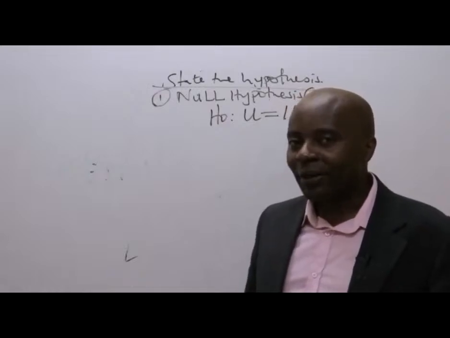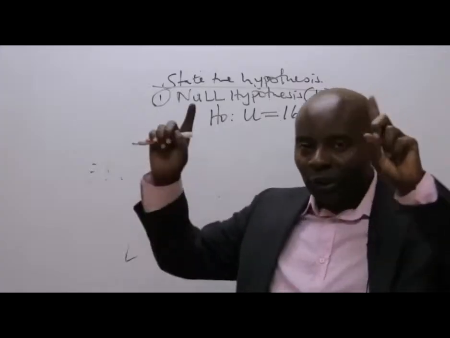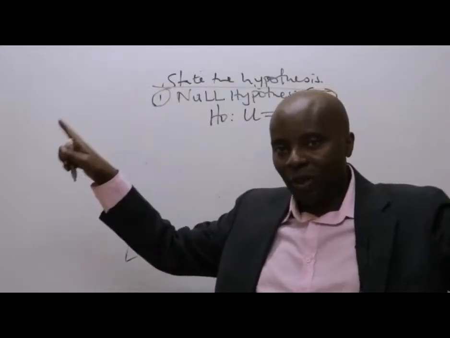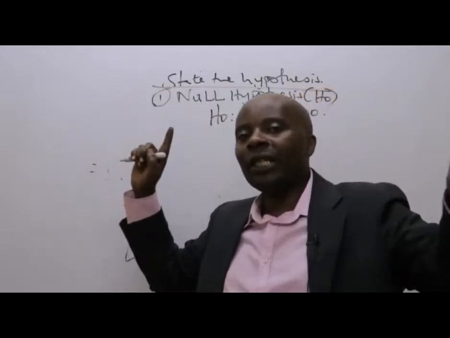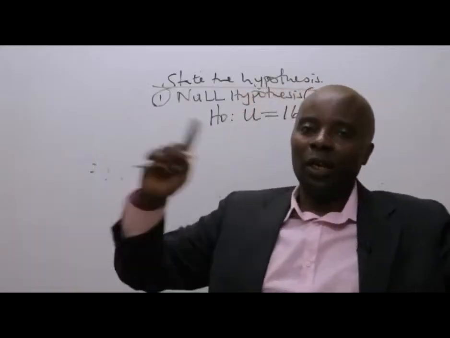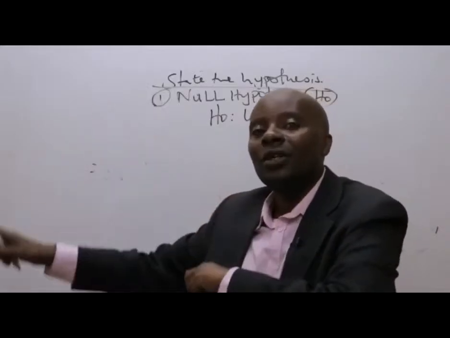Remember they want us to test the claim that when we put up that bulb, it's going to stay there for 1600 hours. But you and I know that there is a possibility of this bulb taking a lower duration or a higher duration.